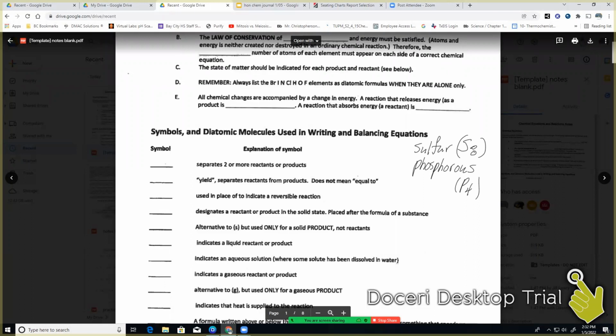We said they are polyatomics, and they exist as multiple atoms when alone. So when we get to the part where you're given the equation in words and it's sulfur, you should write that sulfur as S8. That's only when it's alone. The same thing with the diatomics.